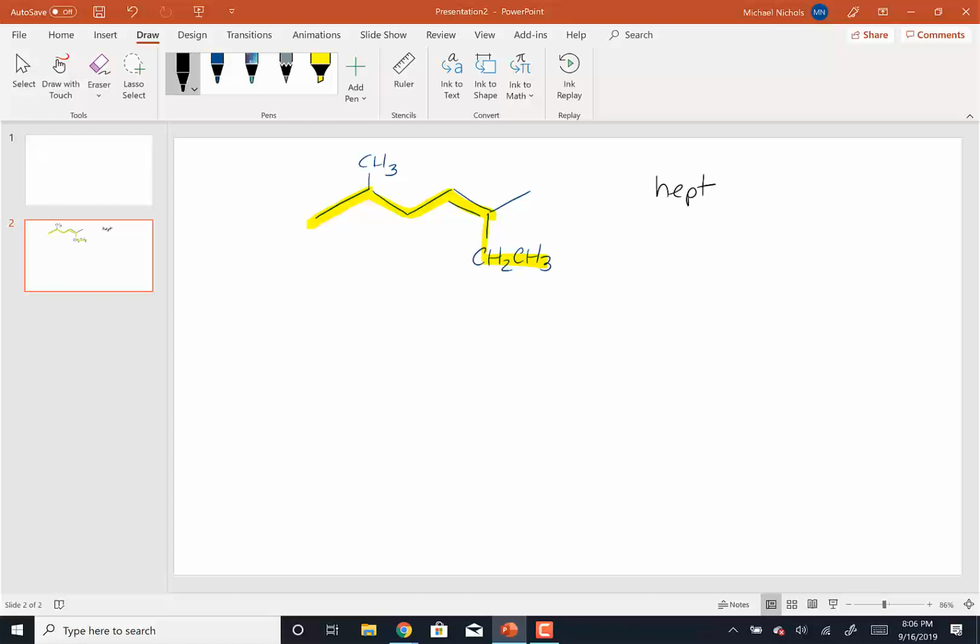Okay. And also, I'm not going to name this with EZ or with cis-trans. We'll talk about those in class. Particularly, after we get through the naming, we may talk about E or Z. Otherwise, we'll talk about that later in the semester. Okay, so I just found the longest chain in the molecule that contains the double bond.